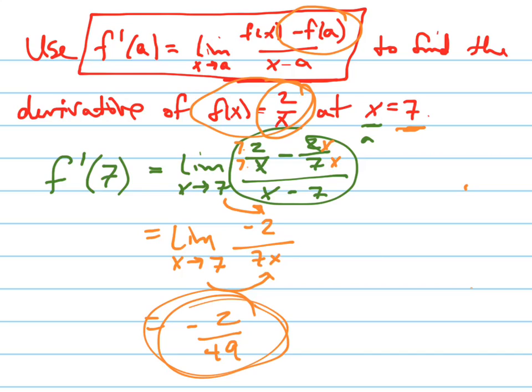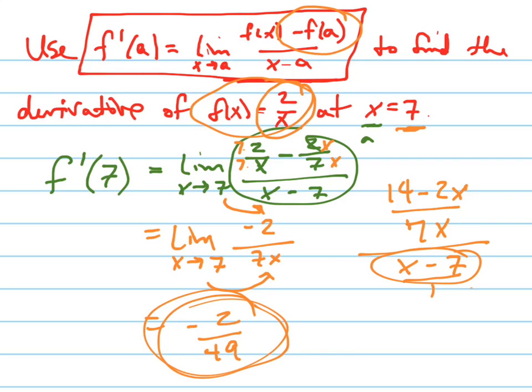So back to how I did that right there. I had 14 minus 2x all over 7x all over x minus 7. Remember, x minus 7 is like x minus 7 over 1. So this equals 14 minus 2x all over 7x times 1 over x minus 7.